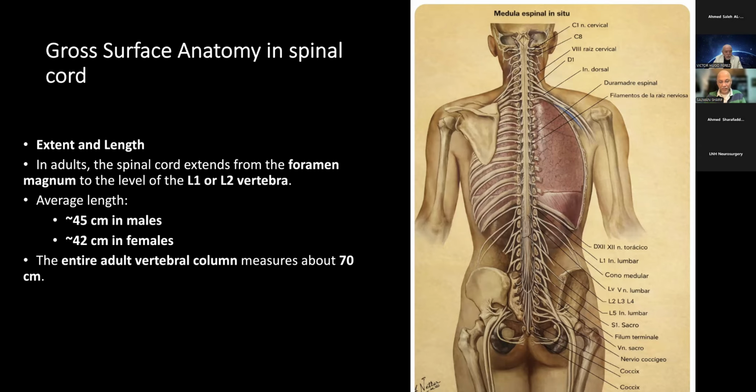The entire adult vertebral column measures about 70 centimeters. On the right side, we have a really nice drawing of Dr. Netter, where we can see the posterior aspect of the spinal cord.